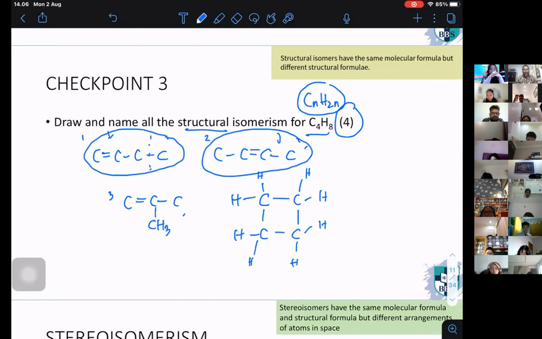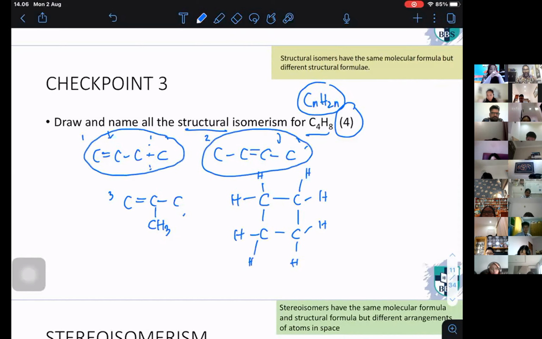If you are still not sure about naming, just go and ask your teacher, or you can refer to the video that I shared over there. So this is cyclobutane. Please go through that. What I want you to remember is there is going to be a cyclic compound. Now all the structural isomerism is done. I hope you remember chain, functional, and position.